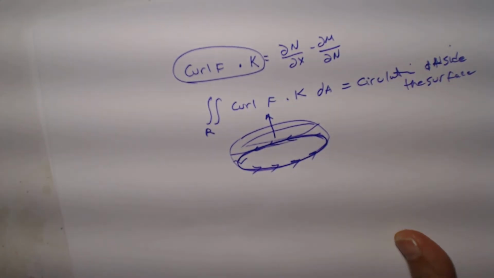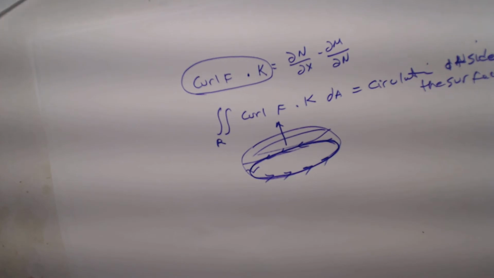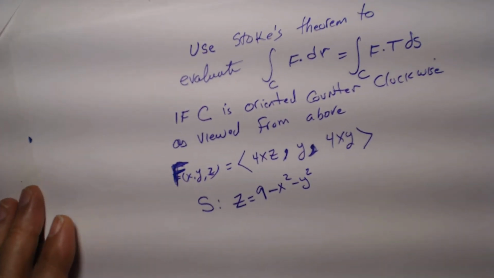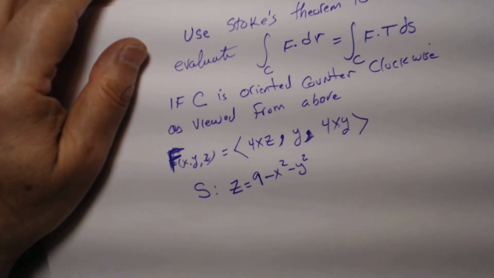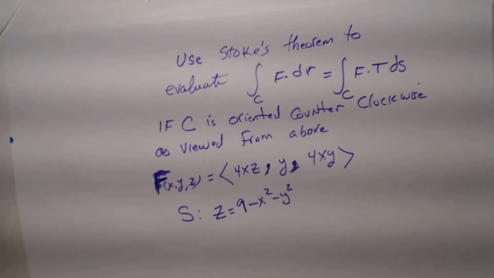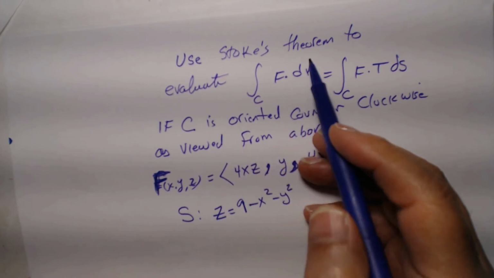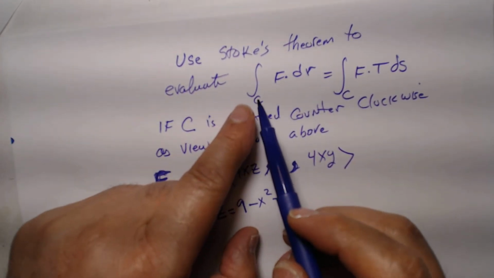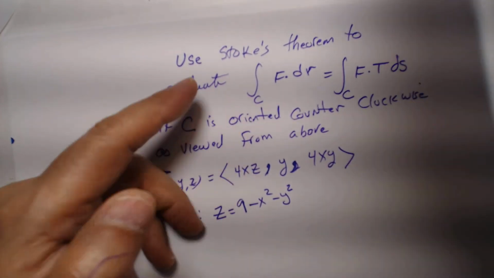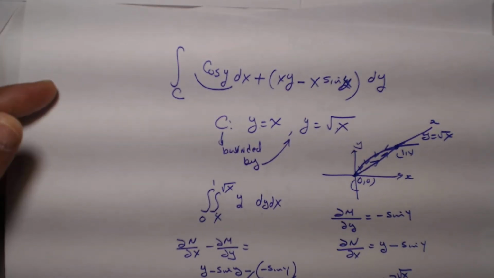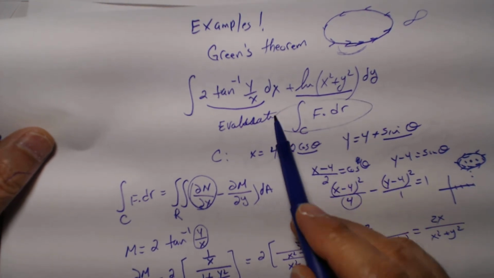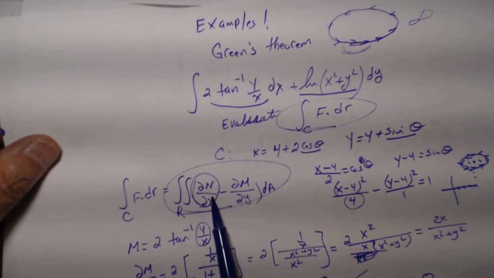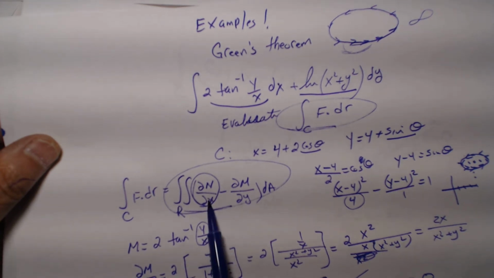Okay, we're going to work one problem regarding Stokes' theorem. We will discuss Stokes' theorem in future videos, but it's not going to be much different. Stokes' theorem, just like Green's theorem, which ties line integrals to the area of a region, was born from Green's theorem.